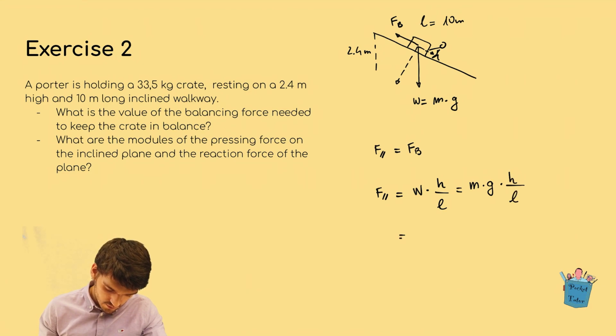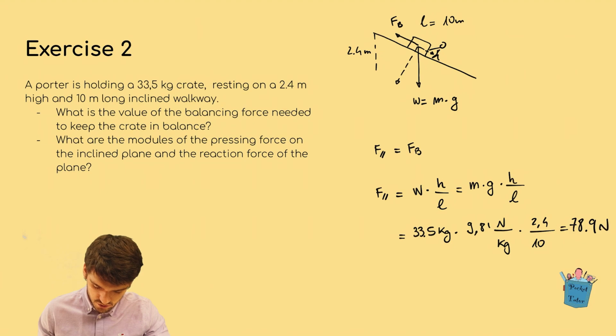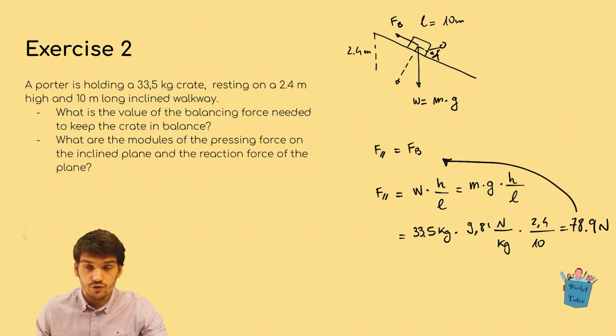And putting inside the numbers, this is 33.5 kilograms times g, that is 9.81 newtons over kilograms, times the height, 2.4 divided by 10. And this will be equal to 78.9 newtons, which is also the value of the balancing force needed to keep the crate in place.